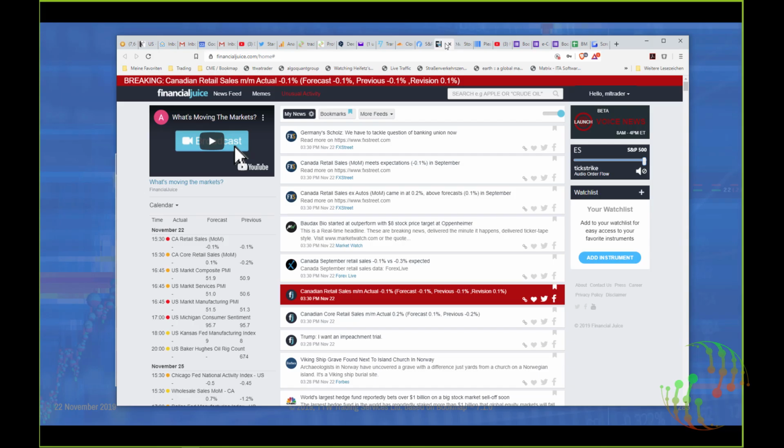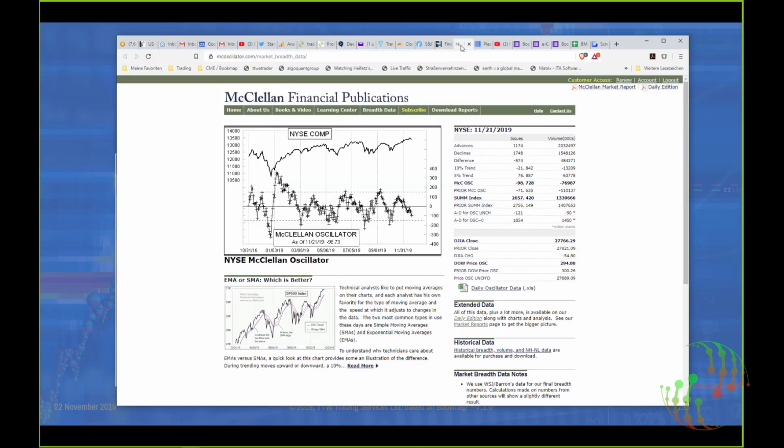Yes, I have some news here, and if you want to see any other indicators, the confirmation is that it is going down. This is, I think, yesterday's measurement of the McClellan, for example.